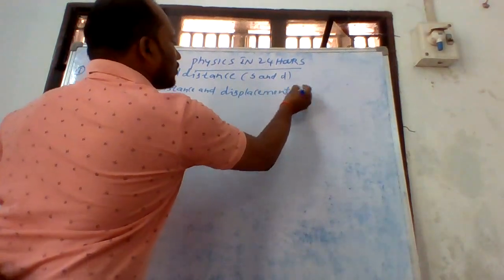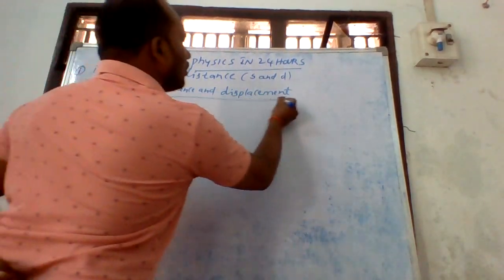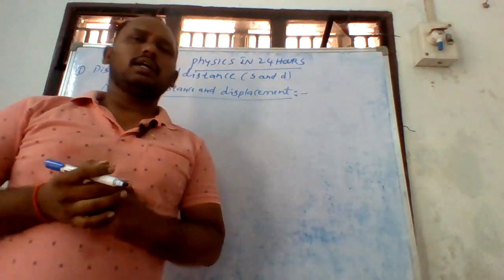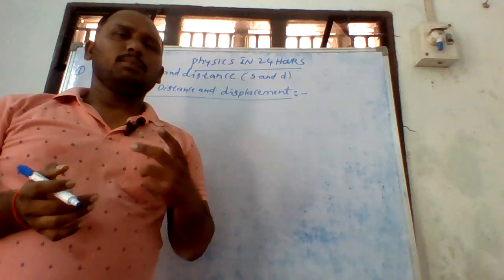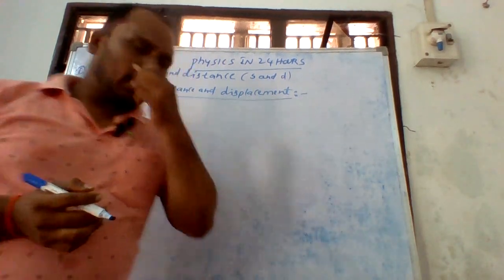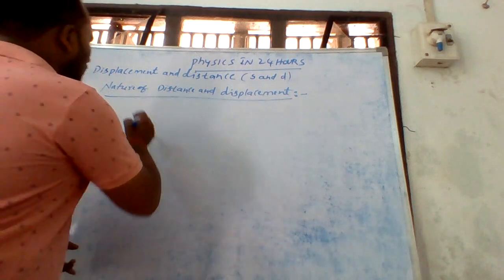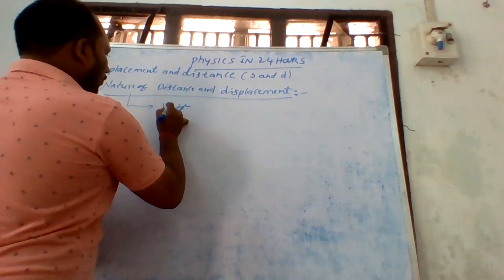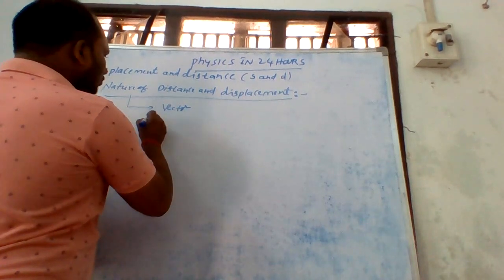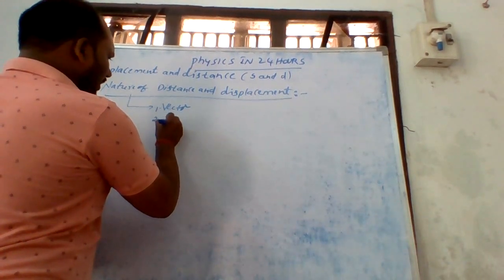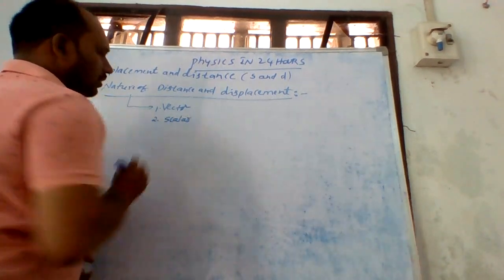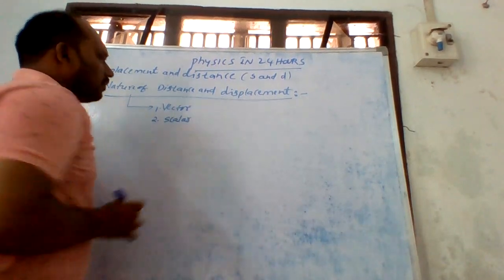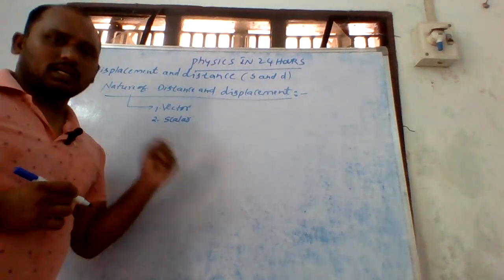This is also one of the very important criteria to judge what type of physical quantity it is. Generally the nature is either a vector or a scalar. So this is the way we have to judge: one is vector, another one is scalar.